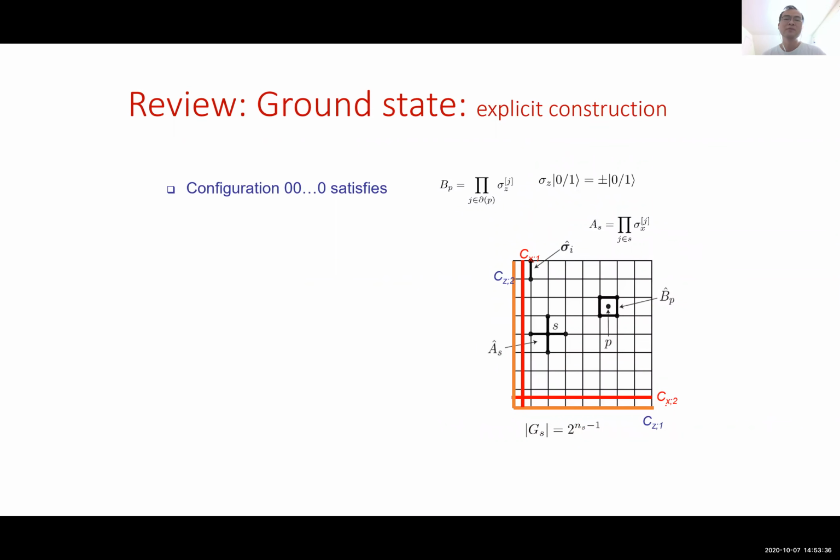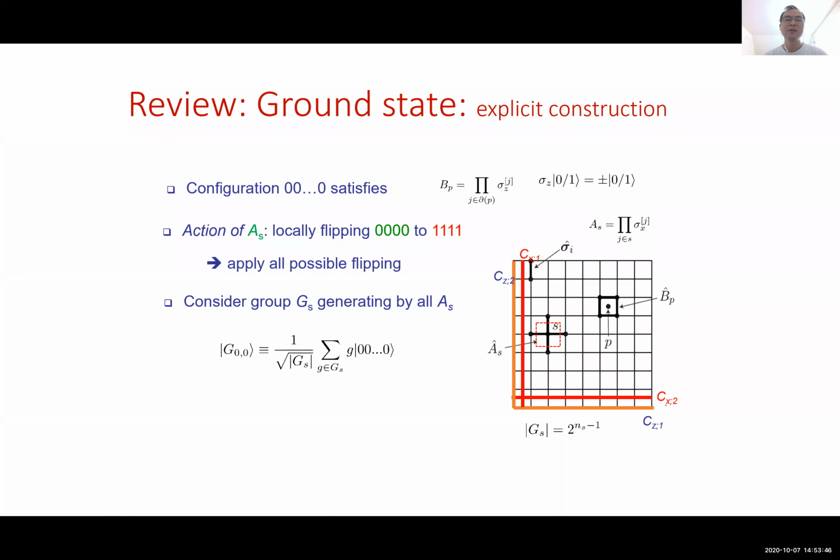Okay, so then we talk about the ground state, how we get the ground state. To write down the ground state explicitly, you first take all the qubits to be in the 0 state. This certainly will satisfy the plaquette operator, but does not satisfy the star operator.